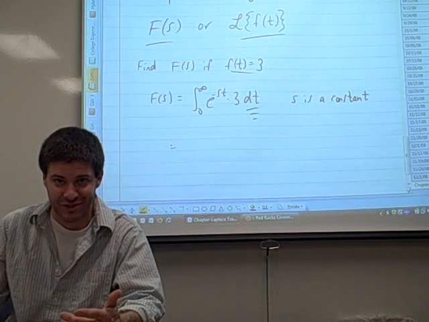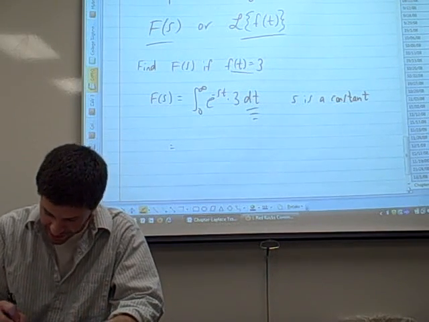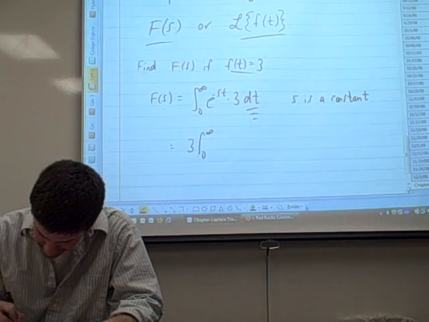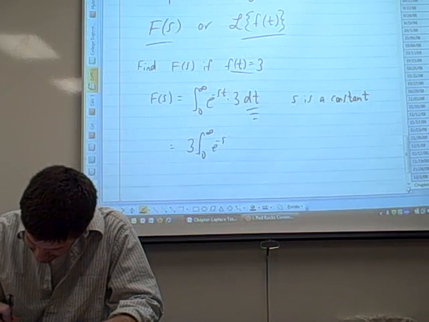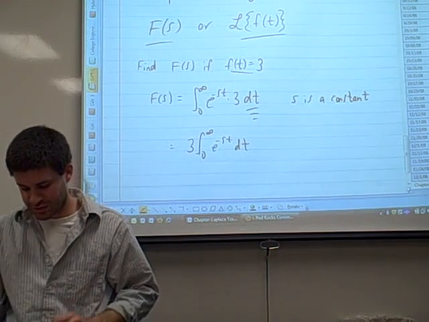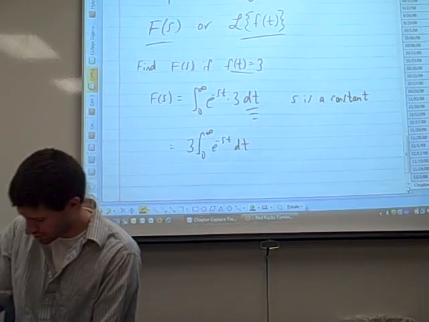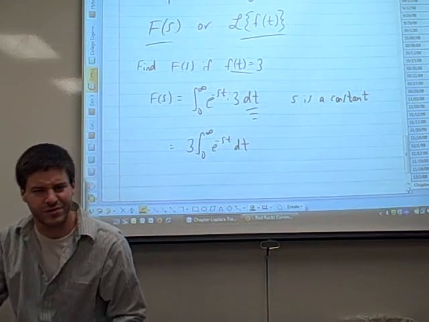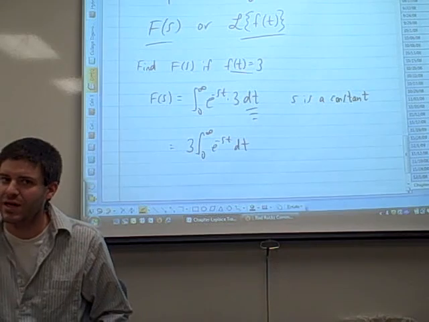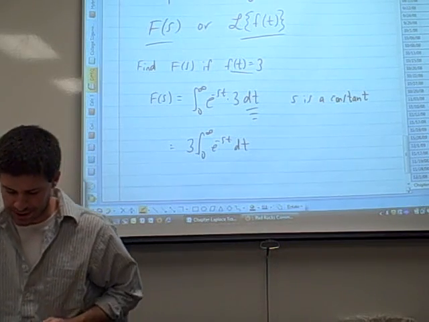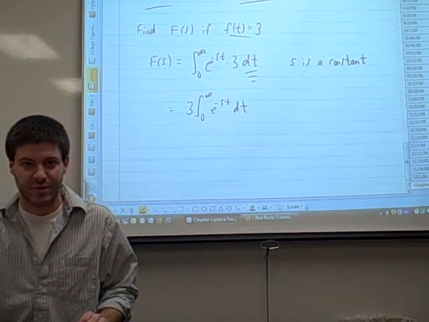So if we want to actually do this integration, of course you pull the 3 out because it's a constant. And all we have to do is do that integral. Now it is an improper integral. You'll remember improper integrals from possibly your Calc 2 class, maybe your Calc 1 class. So we're going to have to mess around with that.